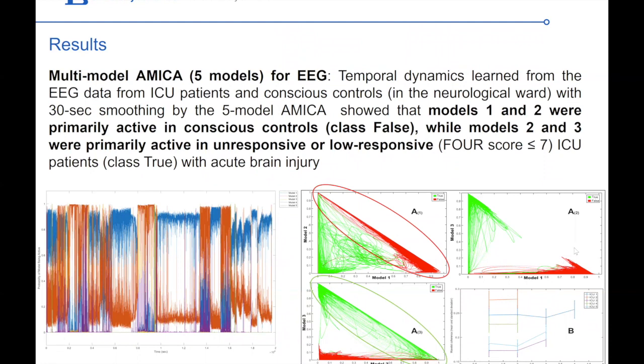Model 1 is primarily red here, the conscious controls, and the green is our unresponsive, low responsive patients, who are primarily model 3. There's some overlap, some green here also, but it's primarily separated. So this helped us significantly to separate the different conscious levels in the patients.